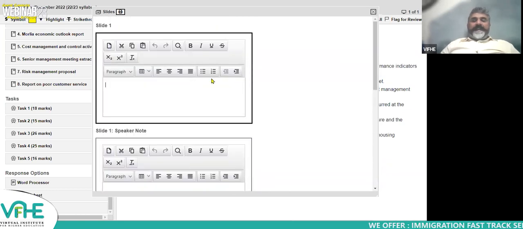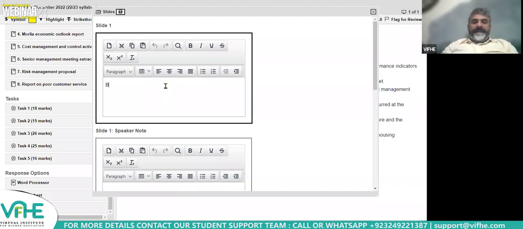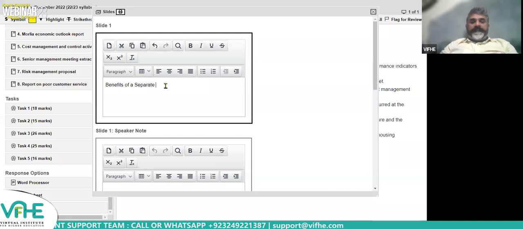What should be the heading of the first slide? Please suggest the heading. Benefits. Be specific. Benefits of a separate risk committee. Okay, I will center it and bold it.